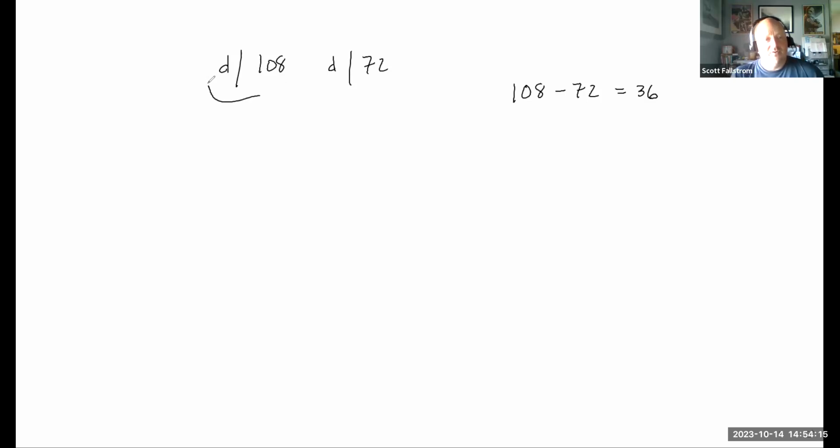108 minus 72 turns out to be the number 36. Aha! So I know that D divides these two numbers. 36 is smaller, and I know D has to divide 36 as well. So now in order to continue, you can pick any of these, but I'm going to pick the two that are the smallest. Now I'm going to repeat the process.